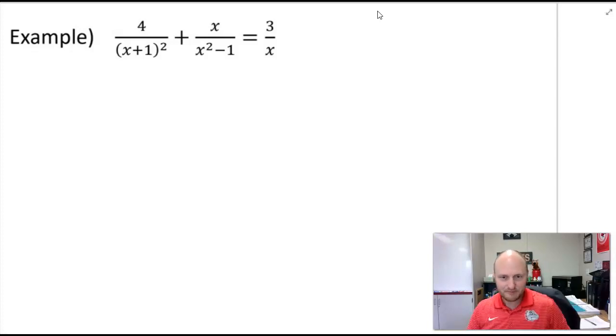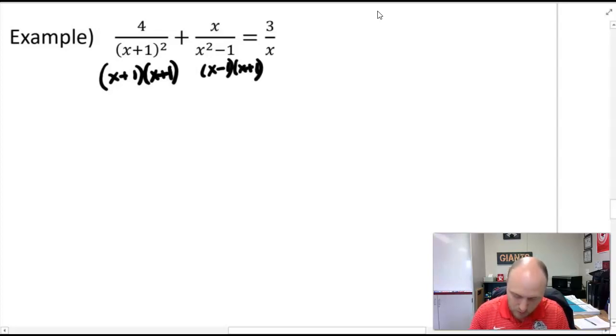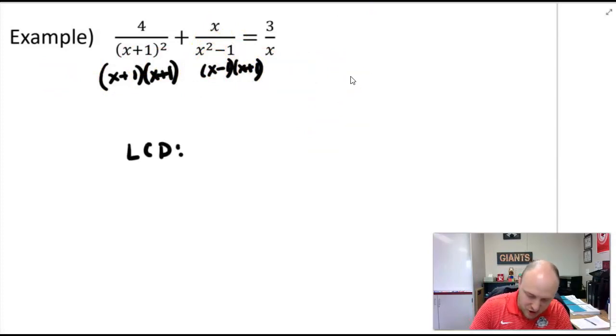Example 2. Step 1, I have to find my LCD. So let me go ahead and expand out my denominator. I'm cutting a corner here, using my shortcuts. I know that this is x minus 1, x plus 1. I like to factor right below. For my LCD, I need shared stuff. What's shared? x plus 1 is shared.